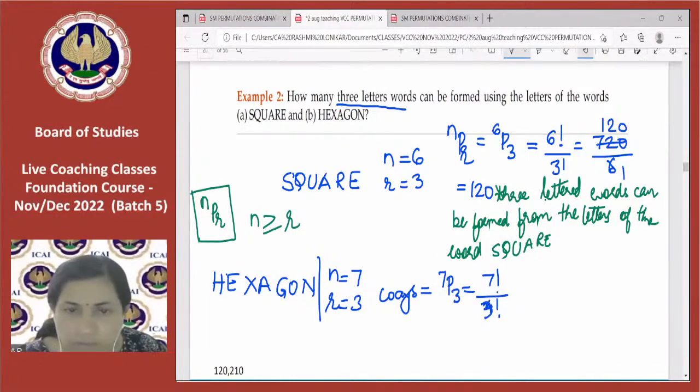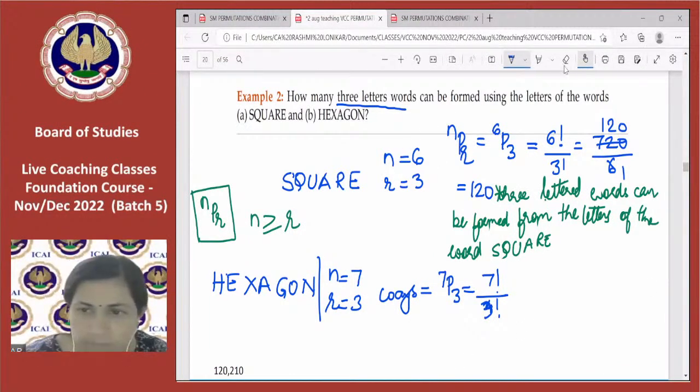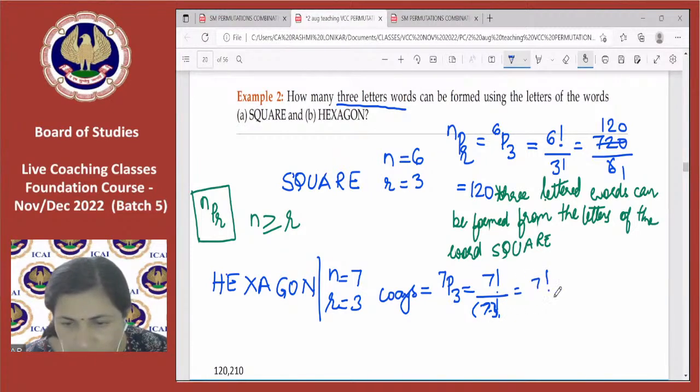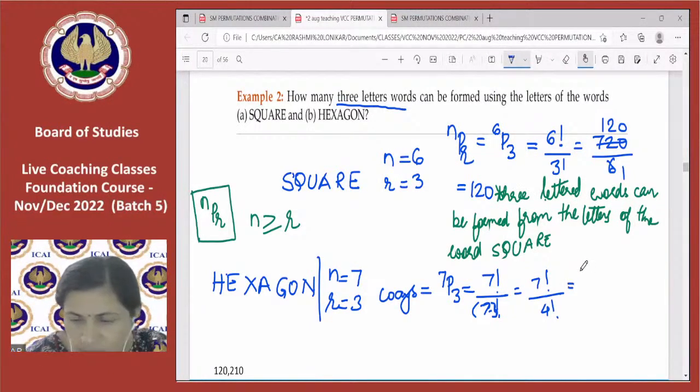I will show it in detail because it is coming to 4 factorial, but I don't want to write down the shortcut immediately. This is equal to 7 minus 3 factorial, which is equal to 7 factorial upon 4 factorial, which is equal to 7 into 6 into 5 into 4 factorial upon 4 factorial.